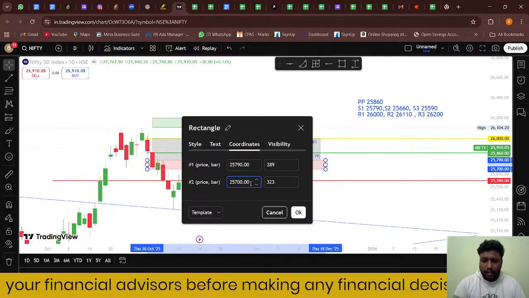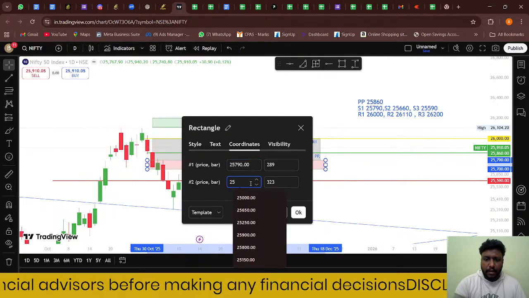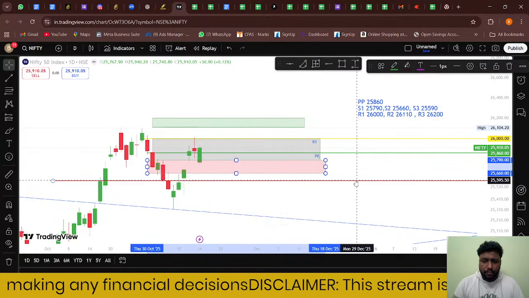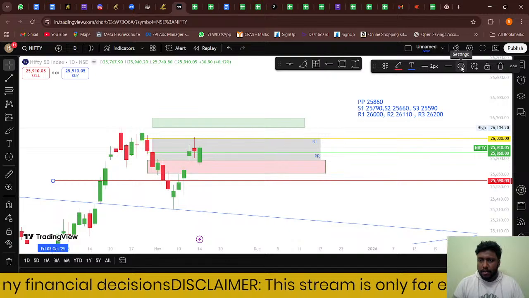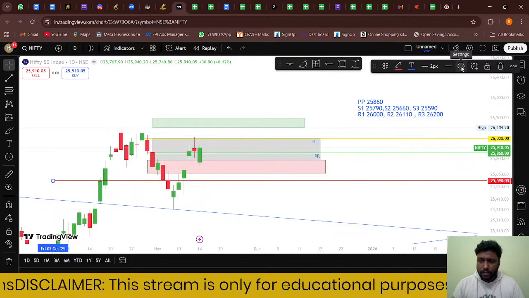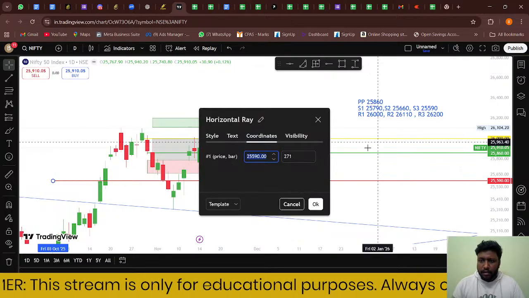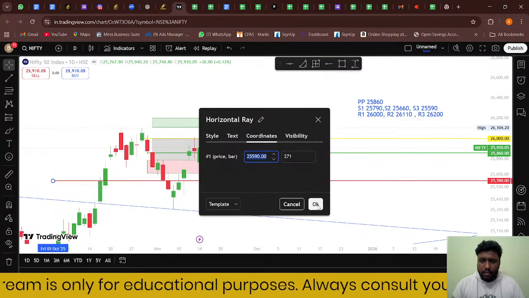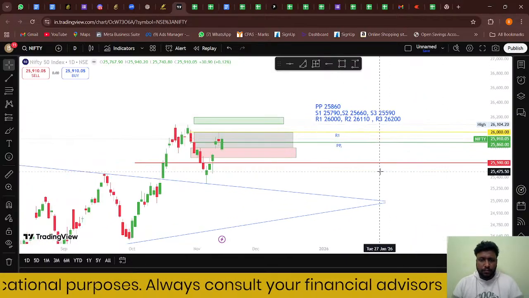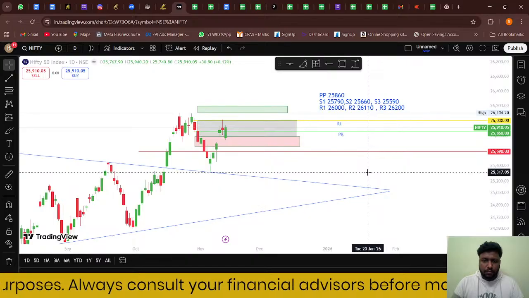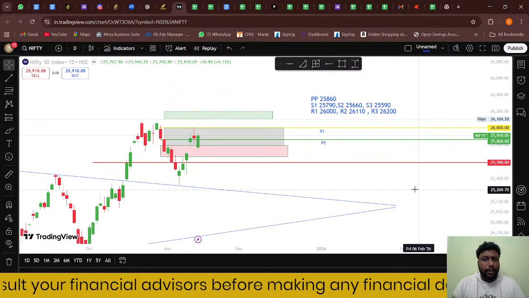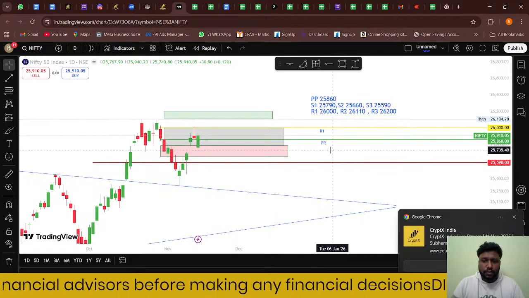So 790, then support 2 at 660. We have a broader bearish zone than previous days. S3 also we will mark at 590, it is exactly the same. So with respect to the pivot point, these are the zones which we have marked.